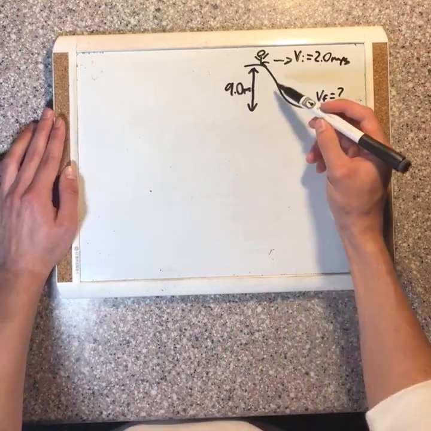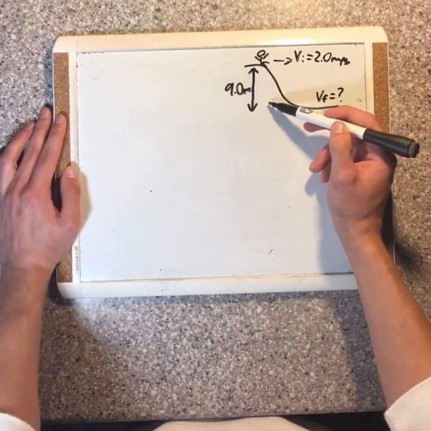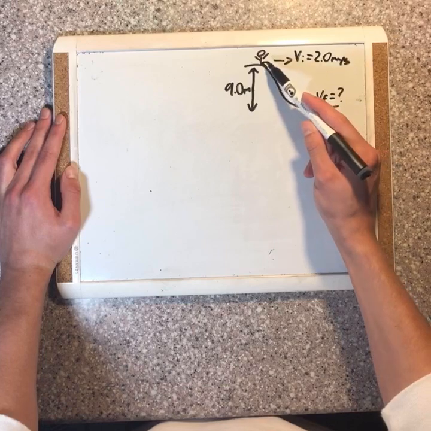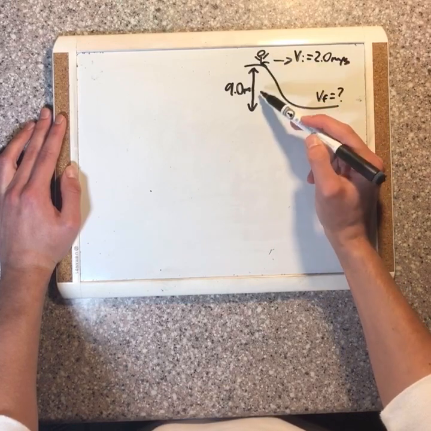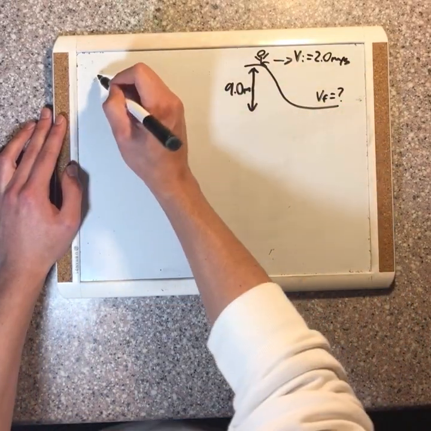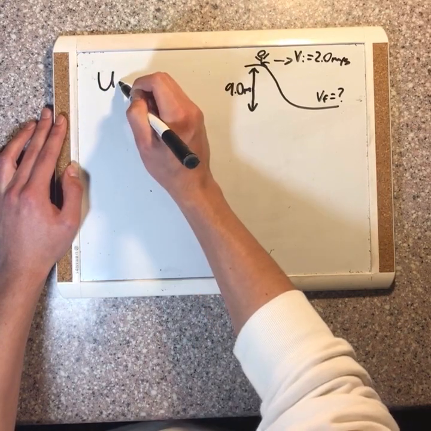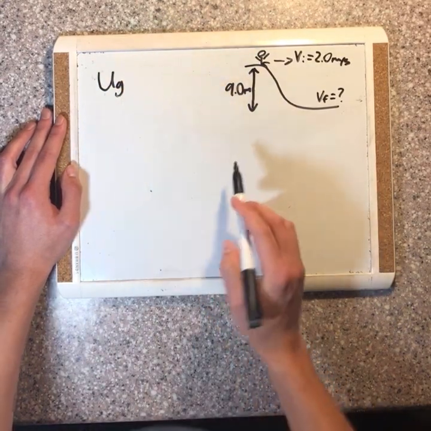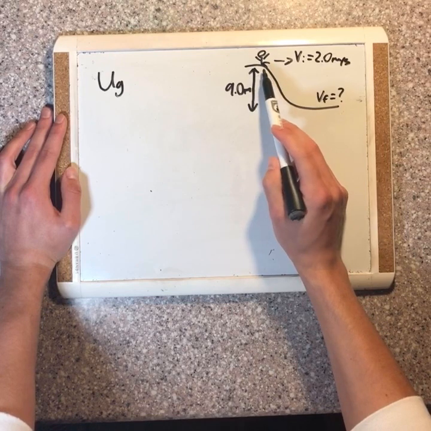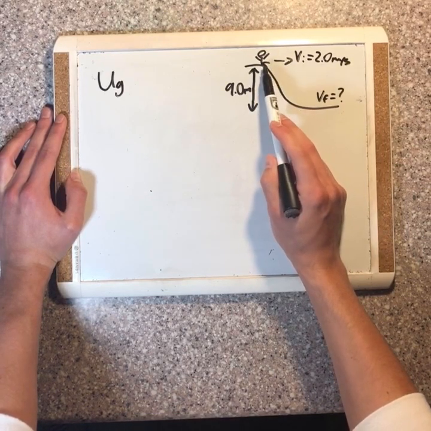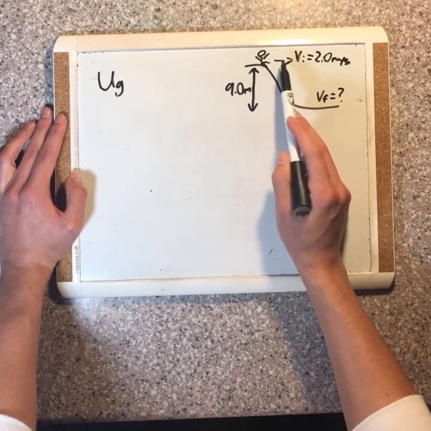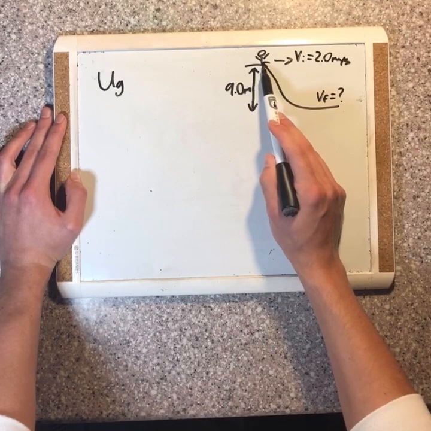All right, so we have two givens and one unknown, and let's take a second to think about this conceptually. From what we know about energy, the energy that has to do with an object's height is potential energy due to gravity, also known as U sub g. This person is 9 meters off the ground, so they're going to have a relatively high potential energy.